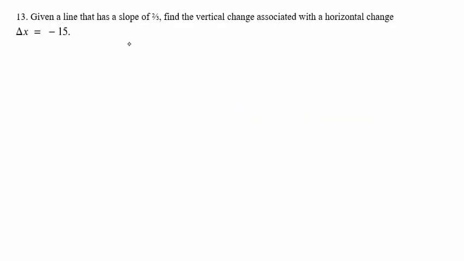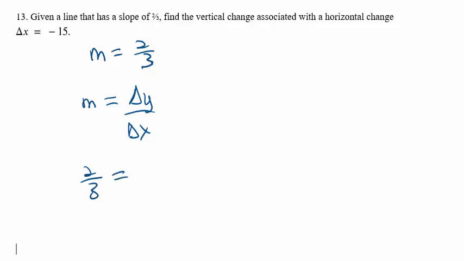Okay, in number 13, we're given a line that has a slope of 2/3. We want to find the vertical change associated with the horizontal change of delta x, which is -15. Just remember that the slope of a line is the same as calculating the ratio change in y over change in x. In this case, we're given a slope of 2/3.